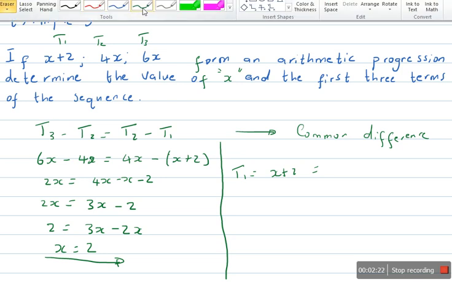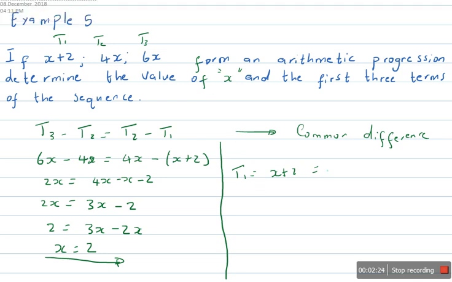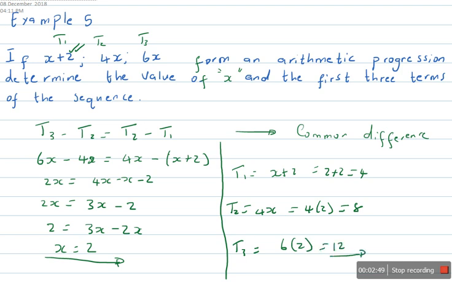Then also t2, it's just 4x, so it's going to be 4 into 2, which will give us 8. Then t3, it's going to be 6 into 2, which is going to give us 12. So that is our final arithmetic progression.